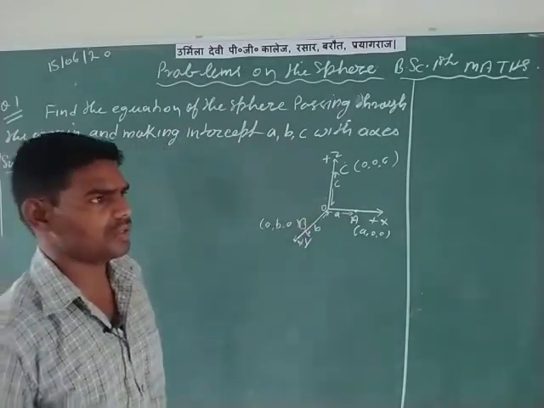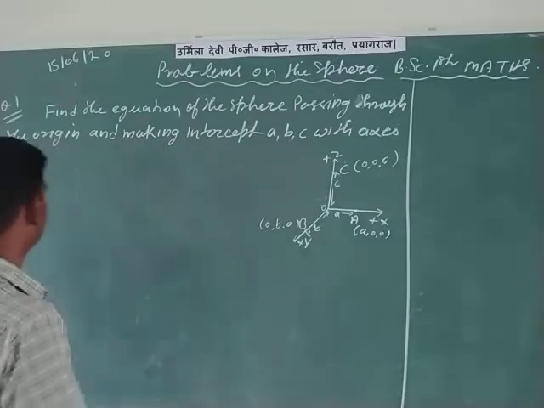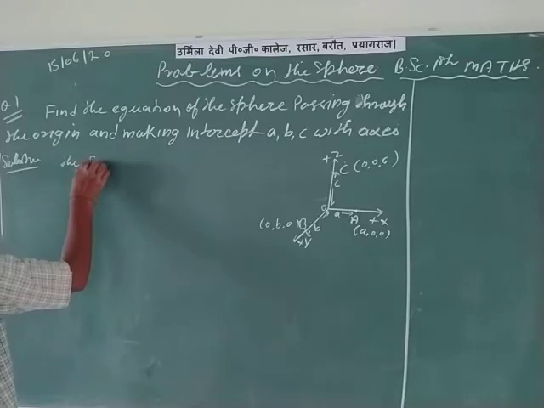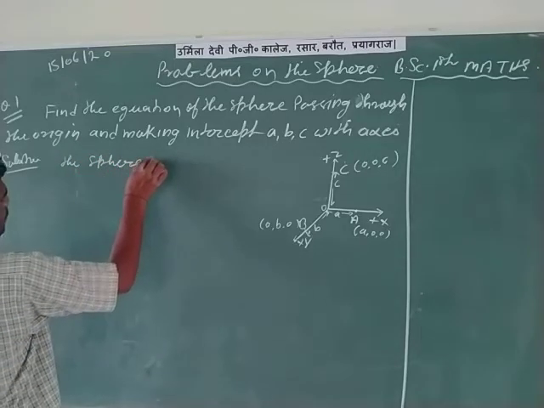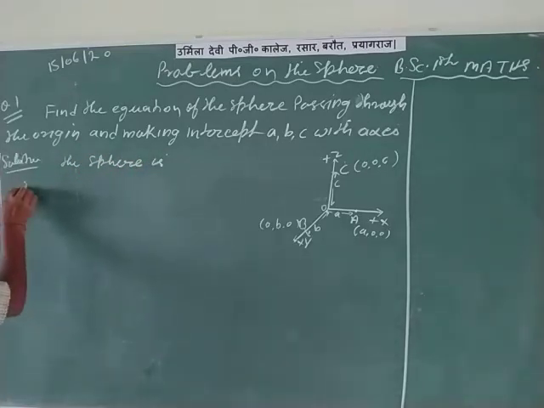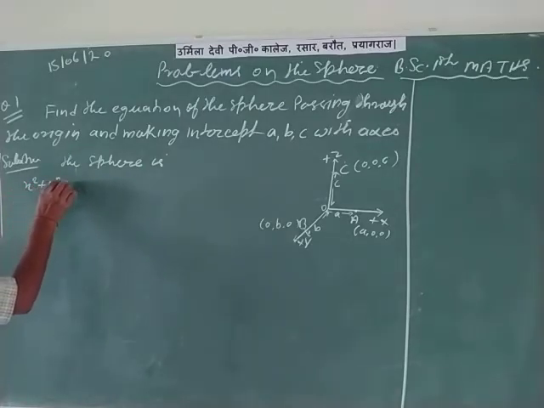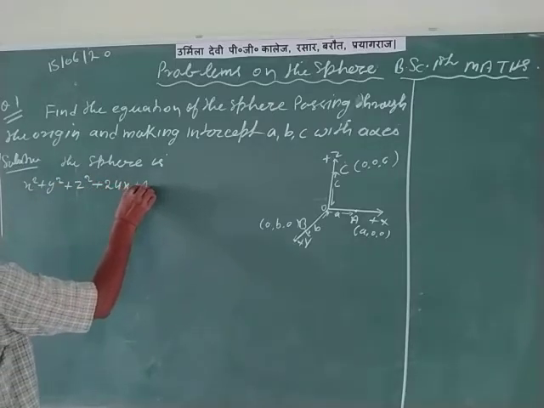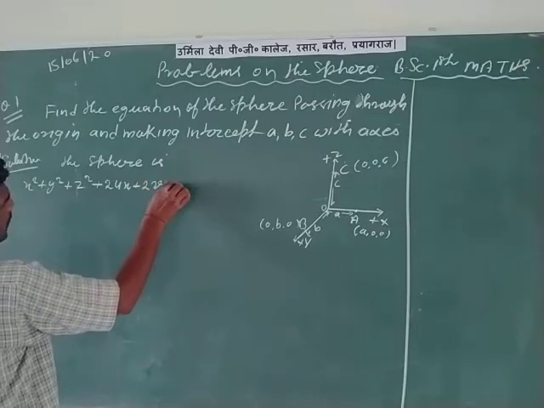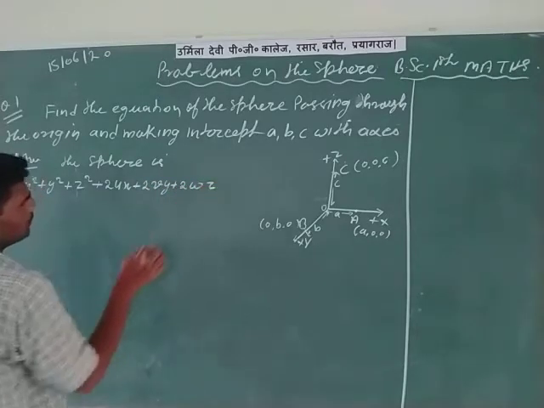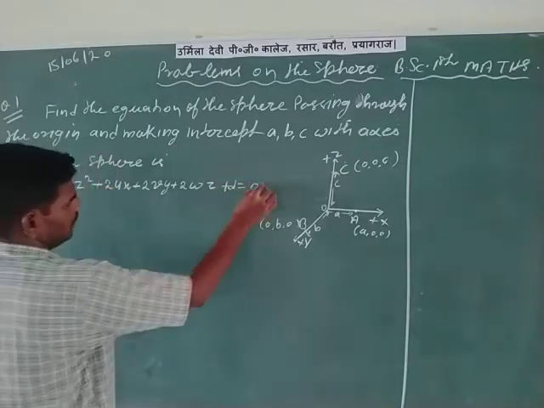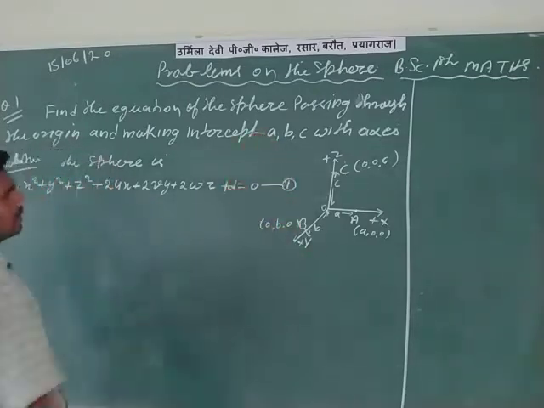So first write the general equation of the sphere. The general equation of the sphere is x square plus y square plus z square plus 2ux plus 2vy plus 2wz plus d is equal to 0, represented by equation first.